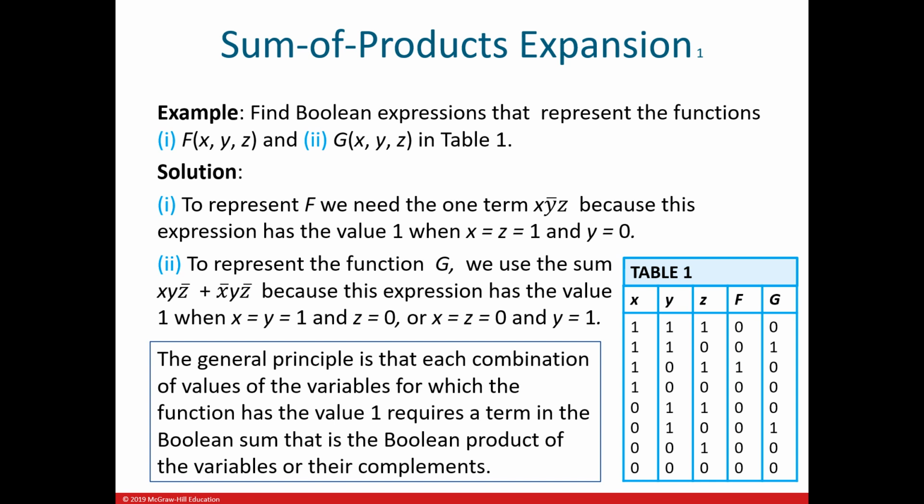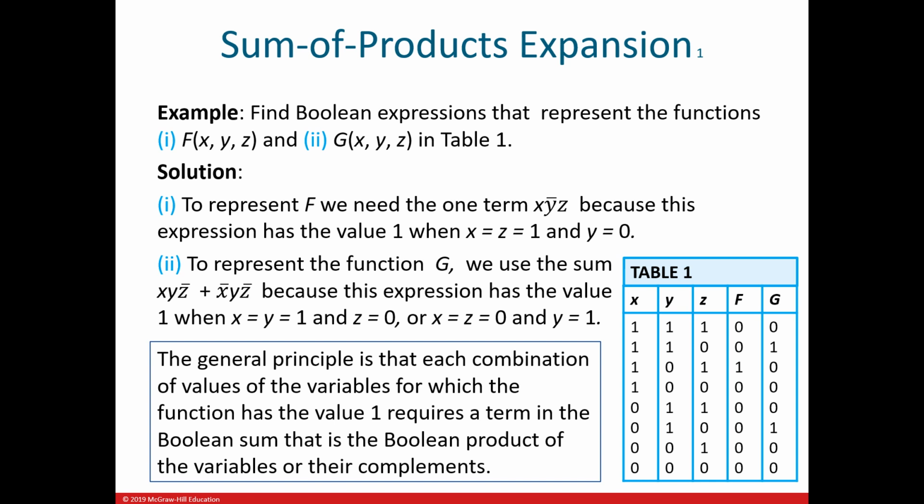Now here is how we can represent different functions, whether using a truth table or otherwise. If we want to represent f, here we need one term, x y complement z, because it has value 1 when x and z are 1 and y is equal to 0.